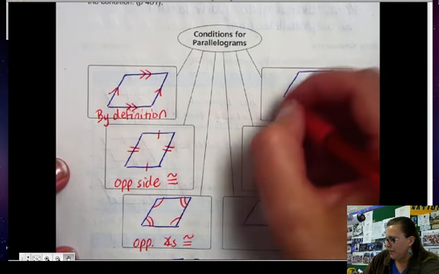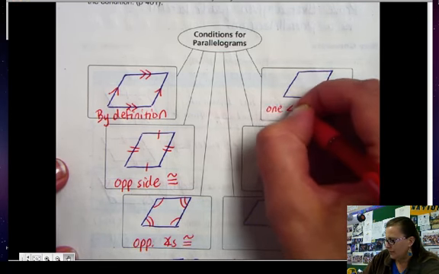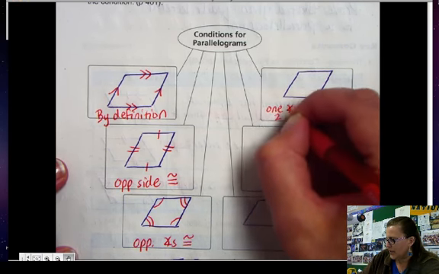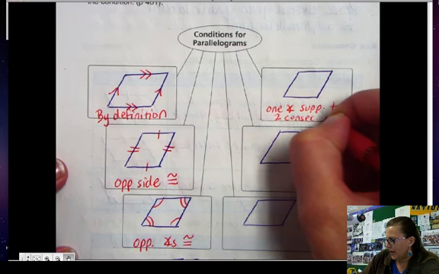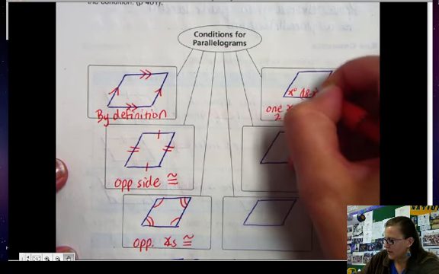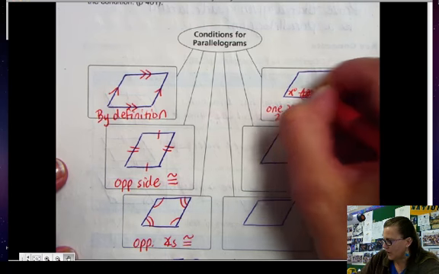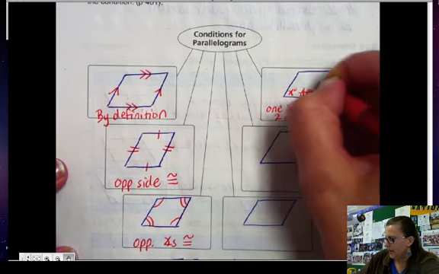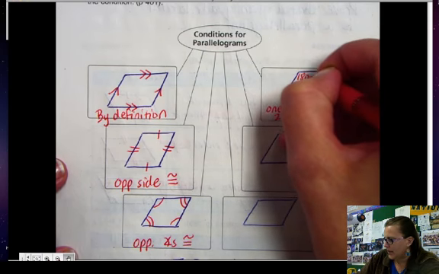Fourth way, one angle supplementary to 2 consecutive angles. So x, 180 minus x, 180 minus x for that one, and also 180 minus x up here.